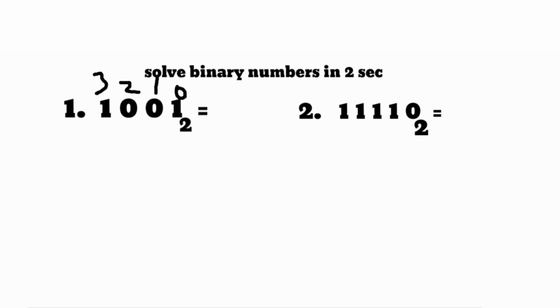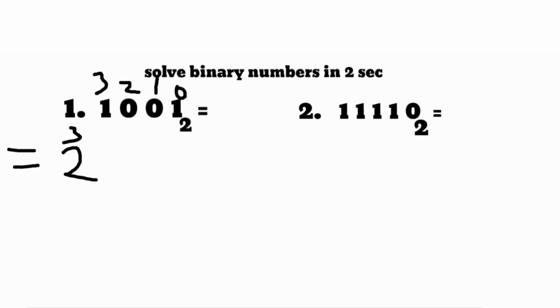So what you are going to do now in this case is, since this is in base 2, you are going to be using that 2 as your number or your base. So all the powers are going to lie on top of the 2. So you are going to say, this is base 2, so base 2 to the power of 3.